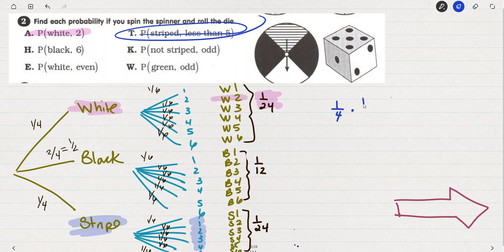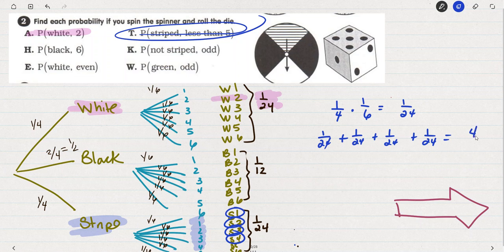times, each of these was a 1/6, so 1 in 24, and since there were 1, 2, 3, 4 of those, we're going to add it 4 times. So 4 in 24, and that's going to reduce. 4 goes into 4 once, 4 goes into 24 6 times, so it's going to reduce to a 1/6.